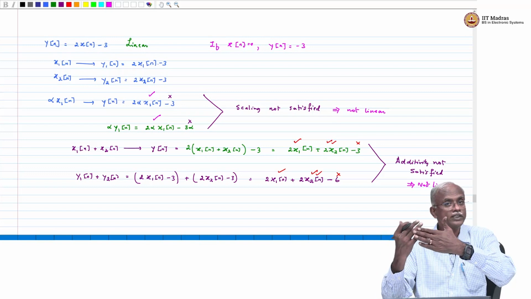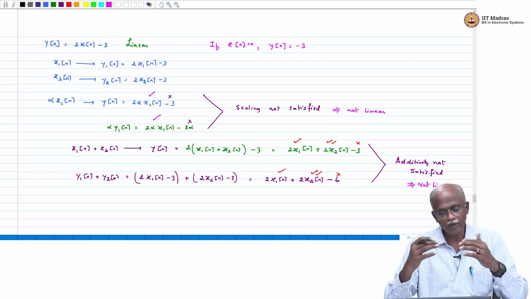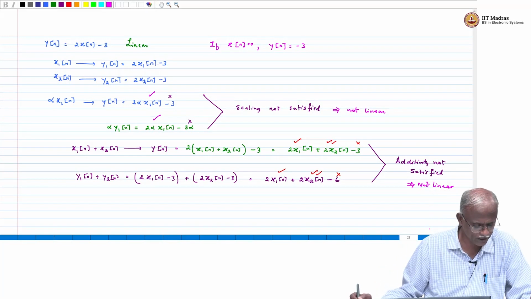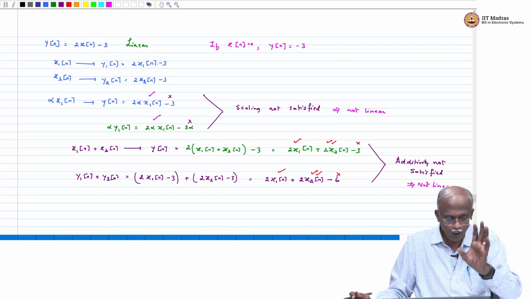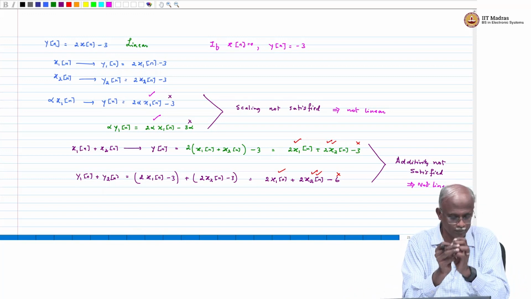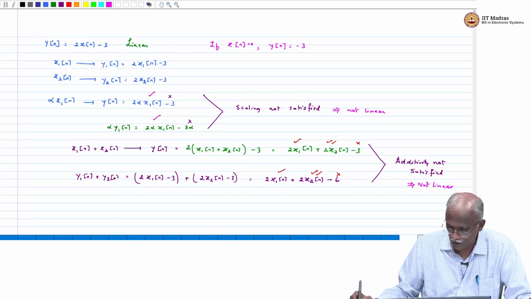If one of them is not satisfied, you declare that this condition is not satisfied, and therefore, this system is not a linear system. 0 input, 0 output is also a property of LTI systems, linear systems. So, you can also verify that this property is satisfied.